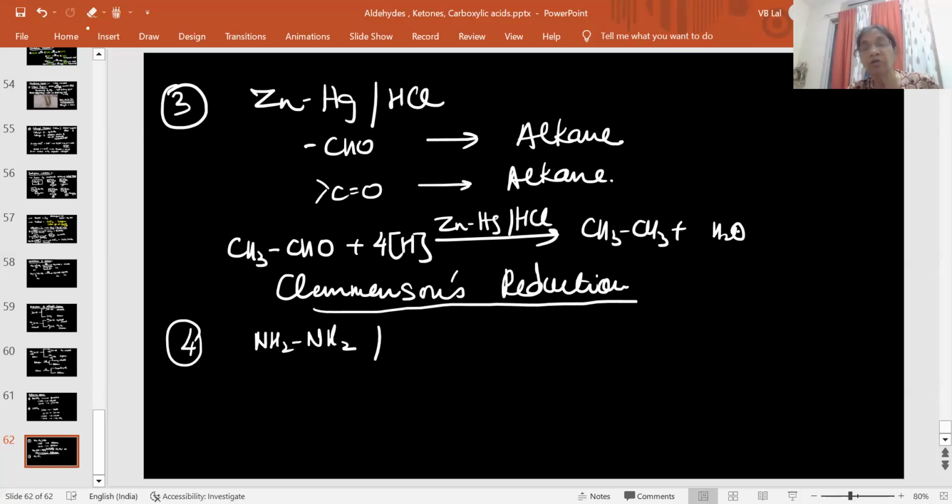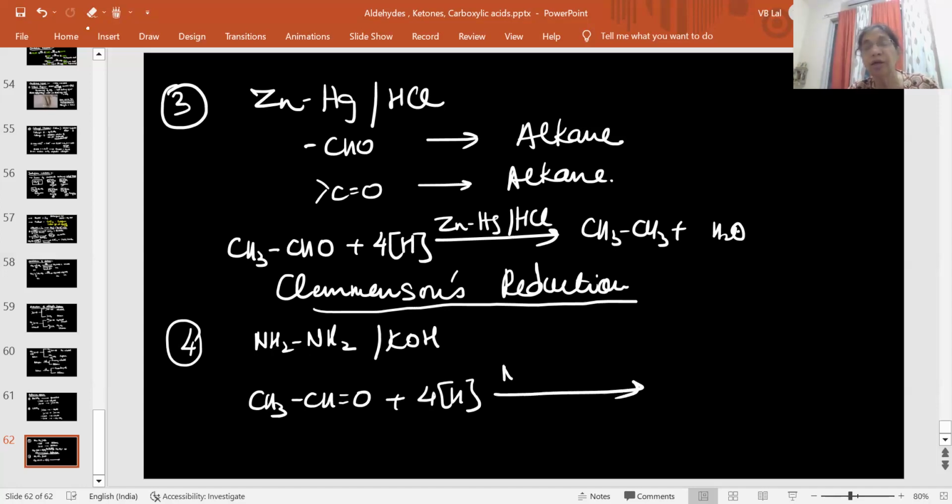Now the fourth one is NH2NH2, hydrazine, in presence of potassium hydroxide. So these are contrasting. One you use acidic medium, here you use alkaline. But you can write the same reaction CH3CH double bond O plus 4H. But this time the hydrogen is coming from NH2NH2 and KOH, right? You will get CH3CH3 and H2.